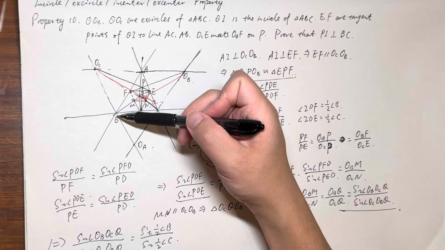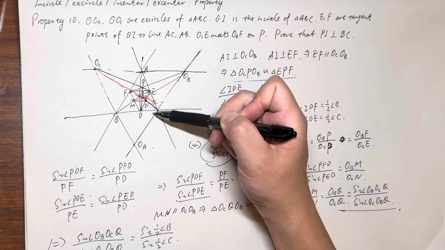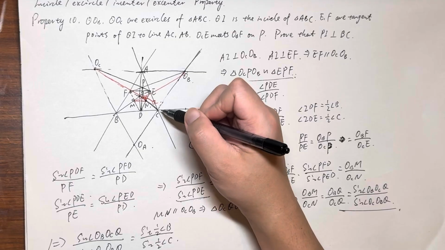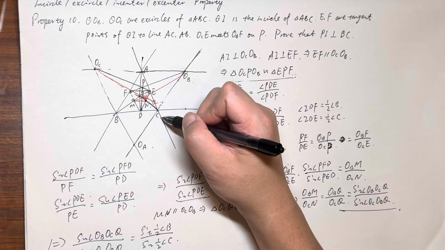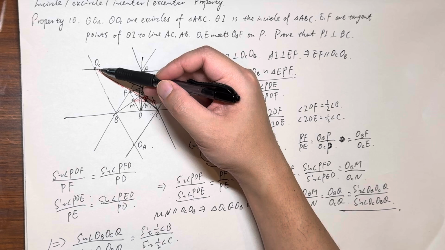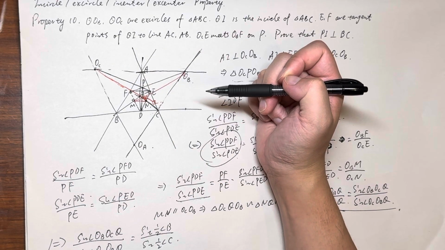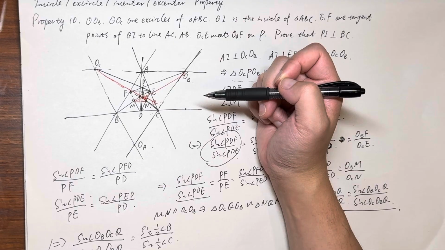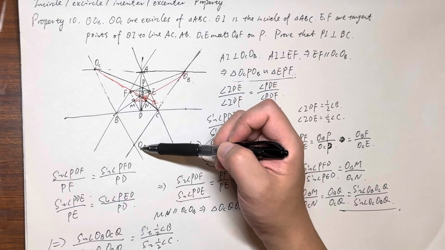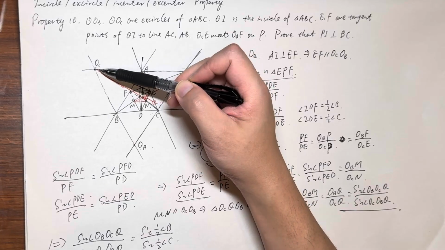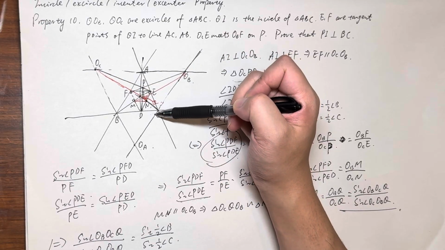You can see that the angle BCOA equals angle OBC, whatever here, right? And that's half of this angle. So we know that the angle OC is actually 90 degrees, right?